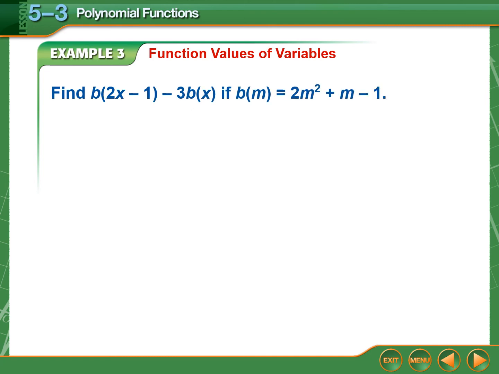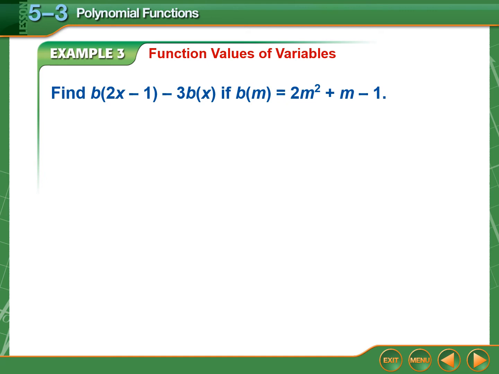Now, as I said before, we can also plug functions or expressions into the function. We won't come up with one number answer necessarily unless a whole bunch of things would cancel, but instead we'll have a new expression that we'll be looking at. So here, the beginning thing says find b of 2x minus 1 minus 3 times b of x if, here's your new polynomial, b of m equals 2m squared plus m minus 1.